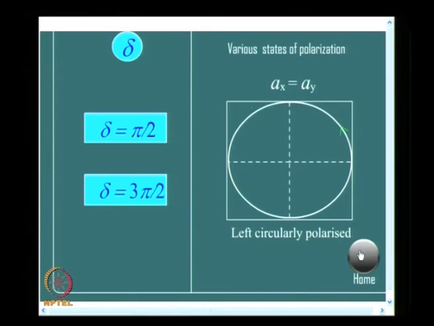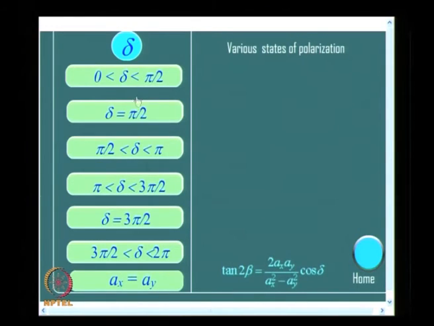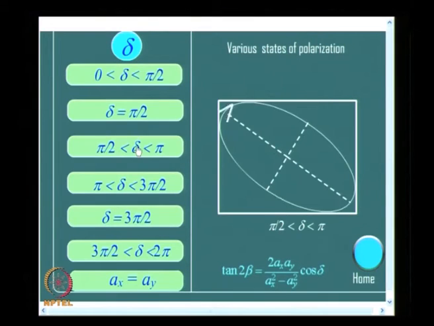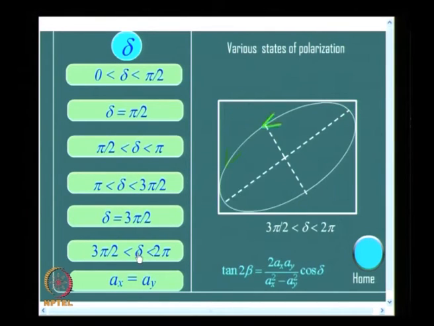As far as this discussion goes, what you find is, when I have two simple harmonic motions which are mutually perpendicular, which have a phase difference, for different values of phase difference, I get different states of polarization as the exit light.